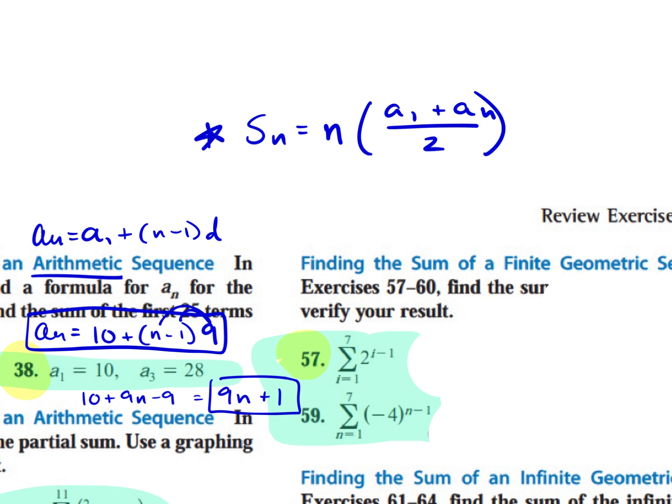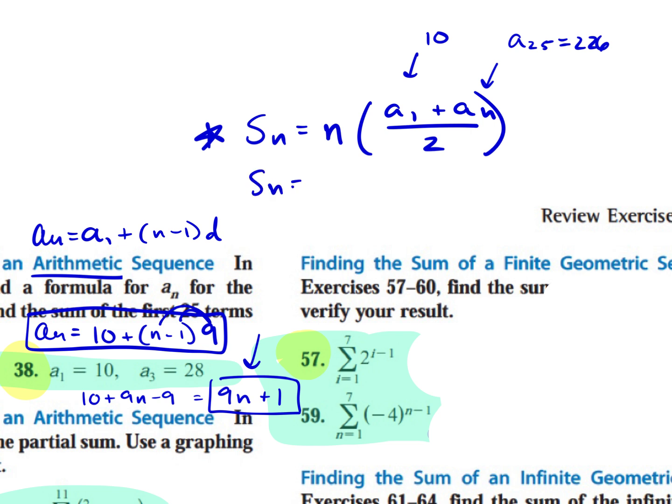So a sub 1 here, it gives us, would be 10. A sub n would be a sub 25. We need to find what our 25th term is, so we can plug 25 into our formula here. 9 times 25 plus 1 would be 226, over 2, and then n is 25.